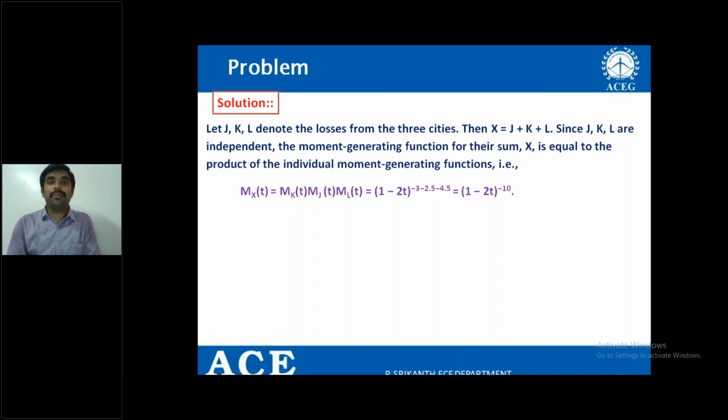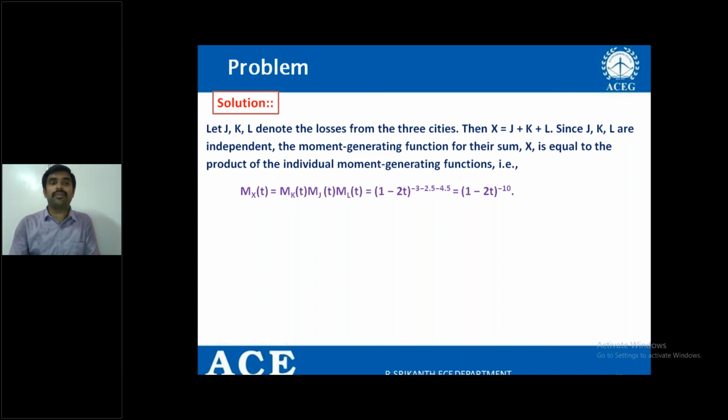That is, d by dv of M_X of v when v equals 0 will be the first moment of the random variable X, right? Similarly, d power n by dv power n of M_X of v when v equals 0 becomes the nth moment.